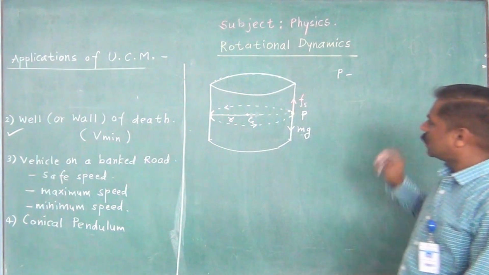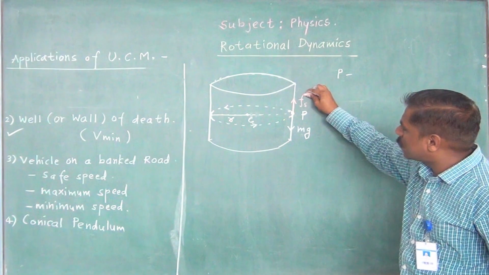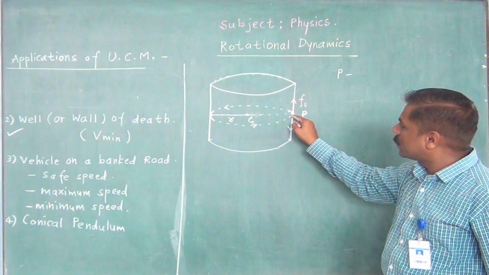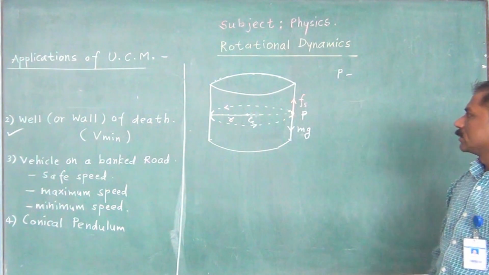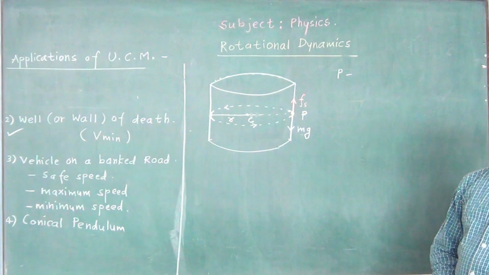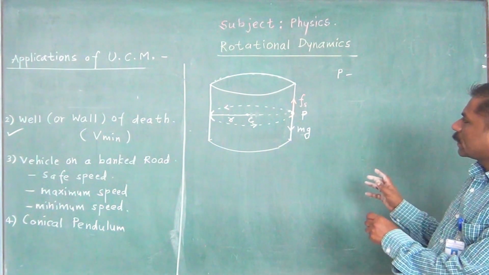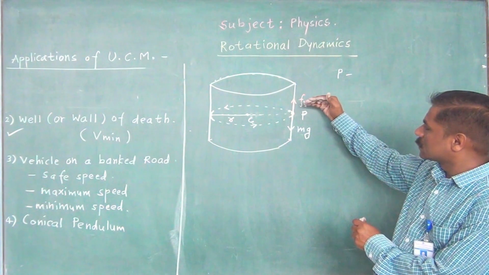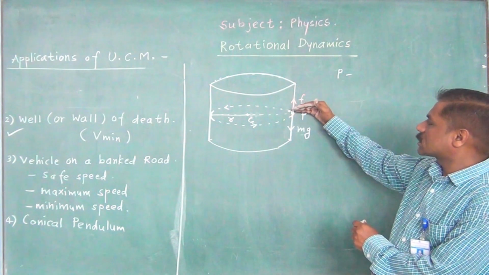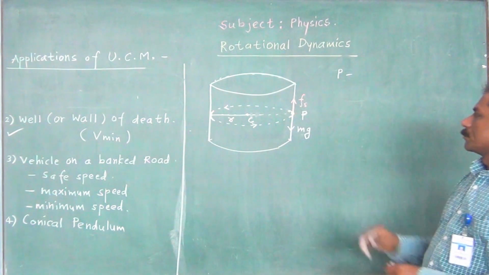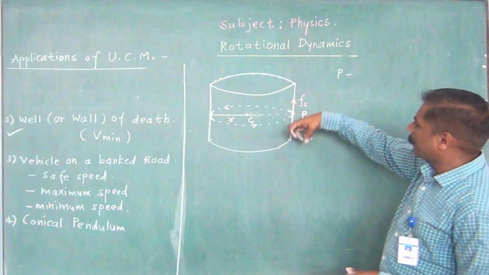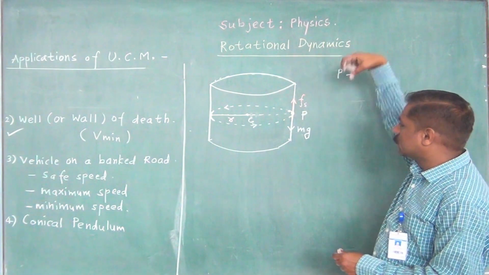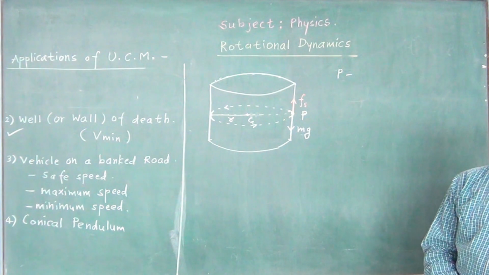It is between the tire and this wall. This static force of friction can prevent the skidding or slipping of the vehicle in a downward direction. So it will pull the vehicle in the upward direction.